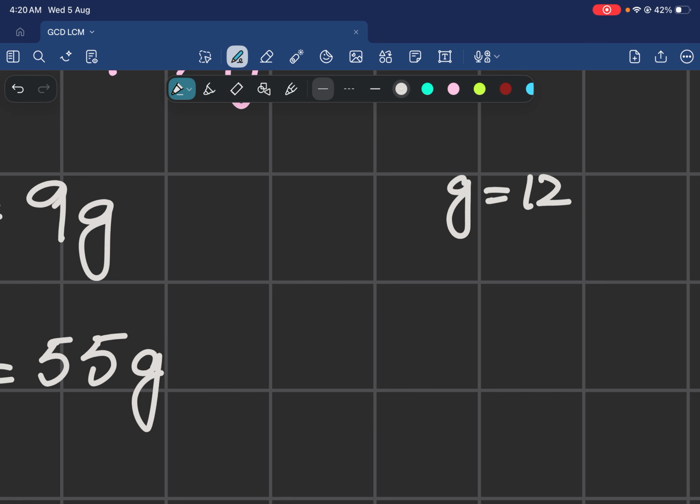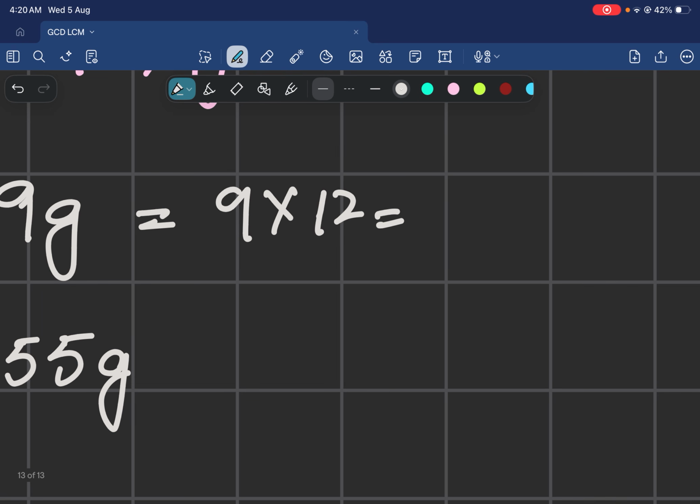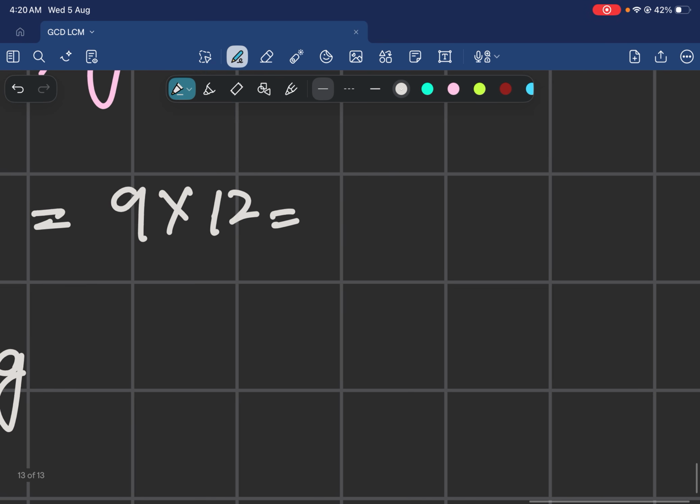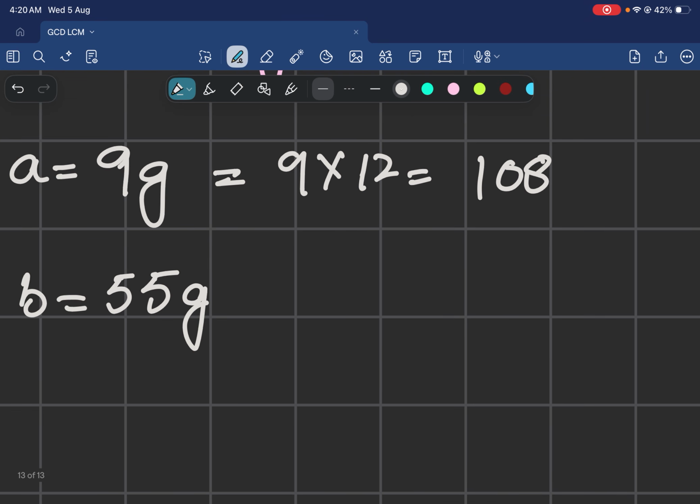So I can take g equal to 12. This is the minimum value that I can take so that what the question asked is satisfied. So 9 twelves are 9 twos are 18, 9 ones are 9, and you will get 108, right?